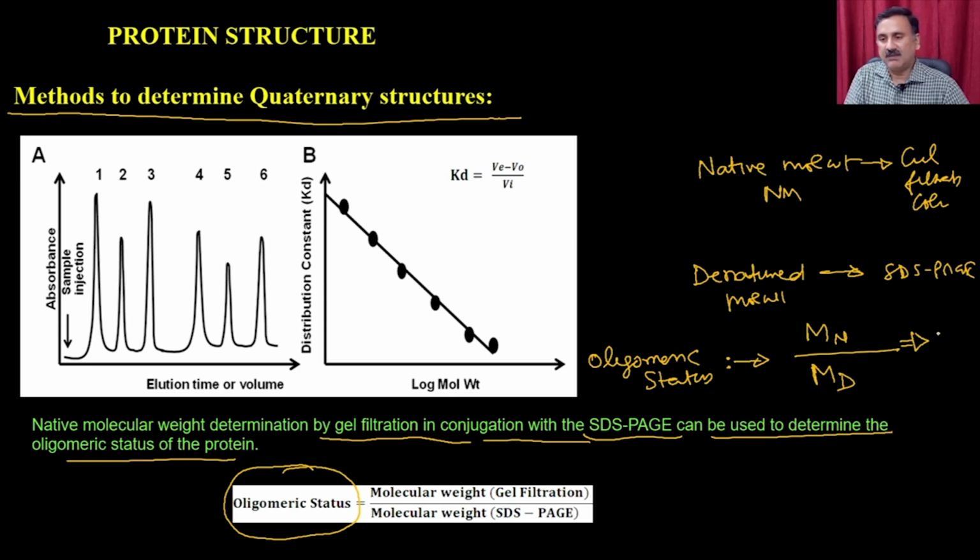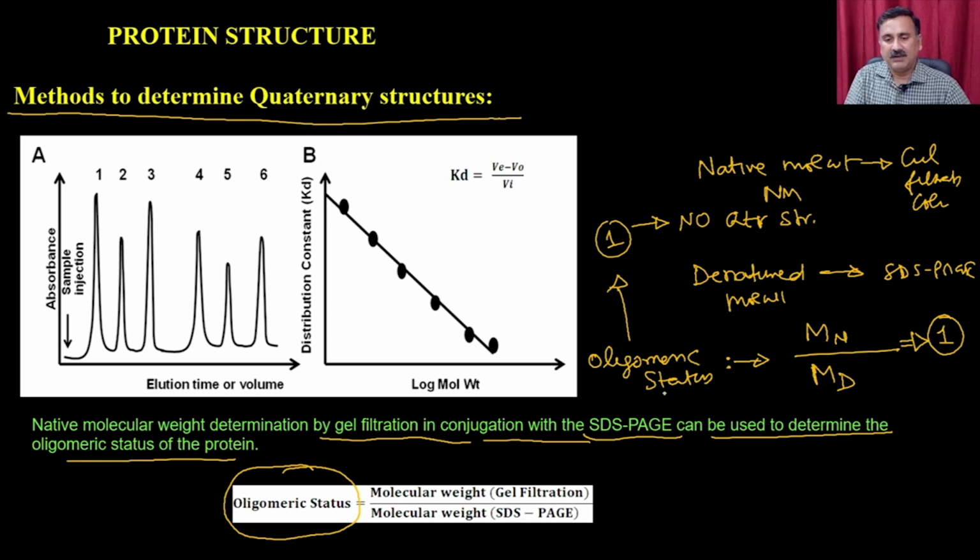If this number is 1, then there is no quaternary structure, because it only has one polypeptide chain.